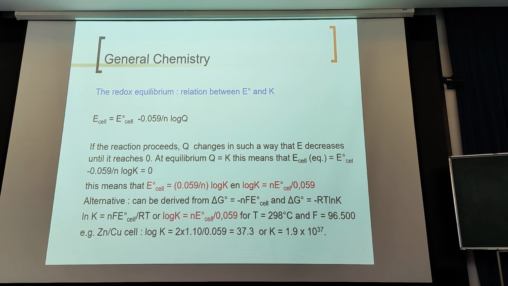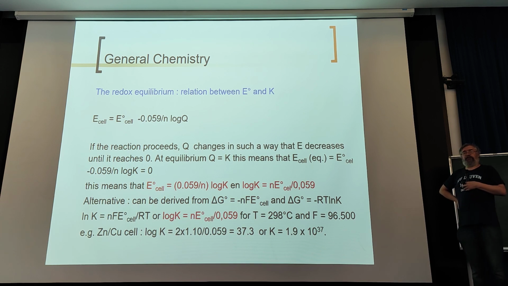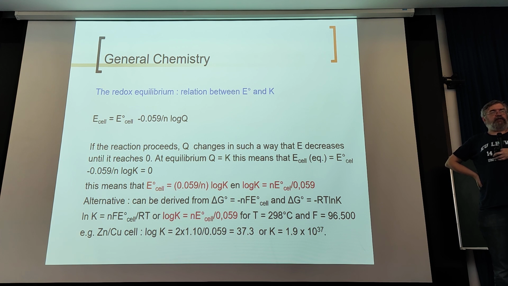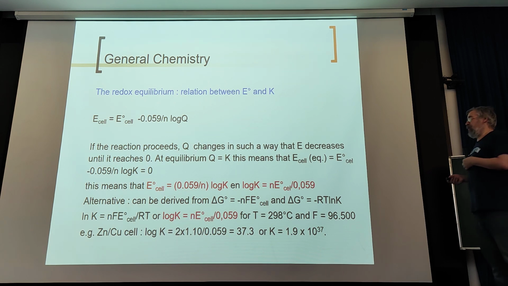And that's a decimal logarithm. So that means K actually is a very big number. It's 1.9 times 10 to the 37th. A huge equilibrium constant. That's sometimes quite normal in the reactions which involve oxidation and reduction, especially if you have a very big potential.